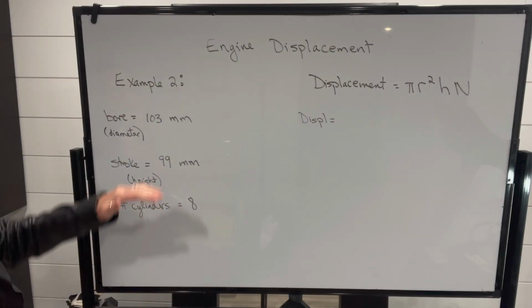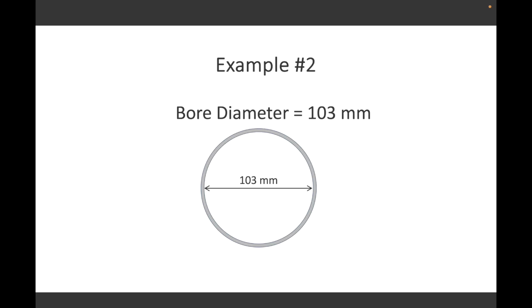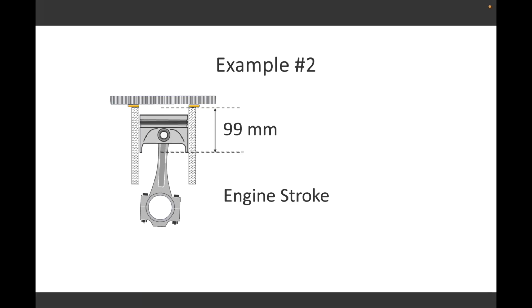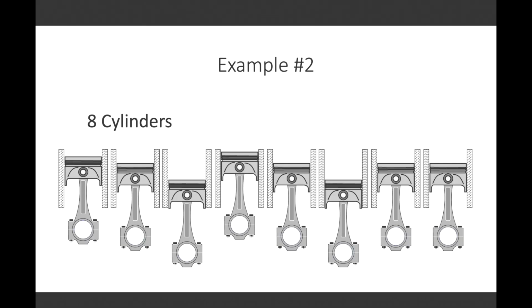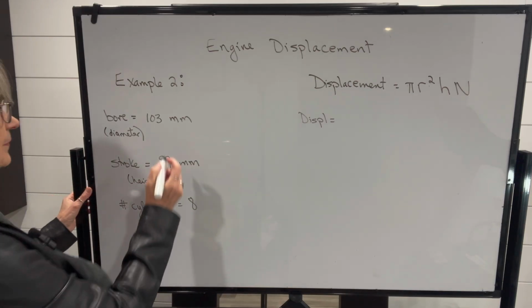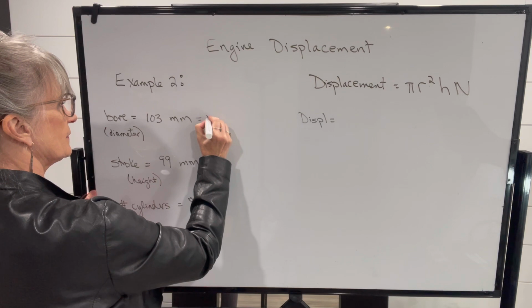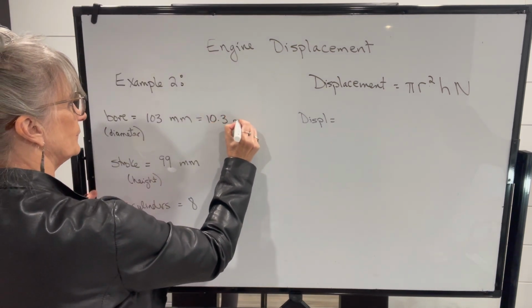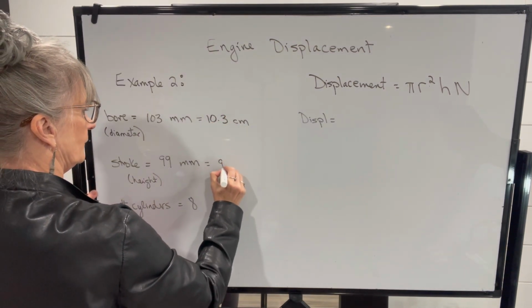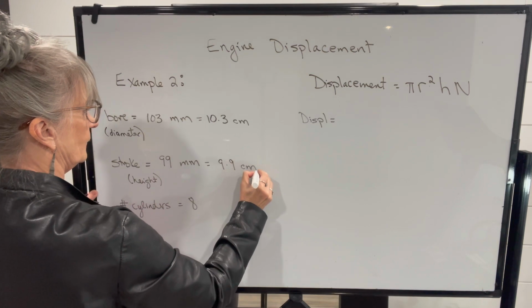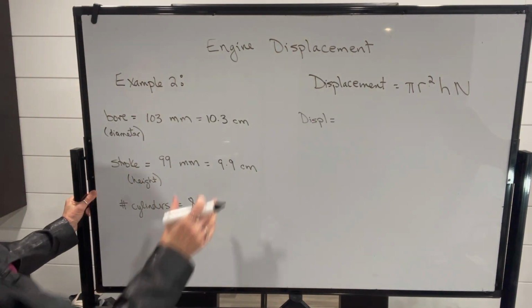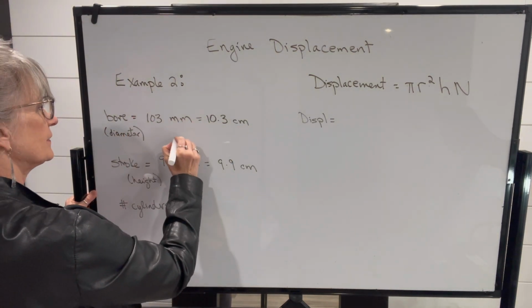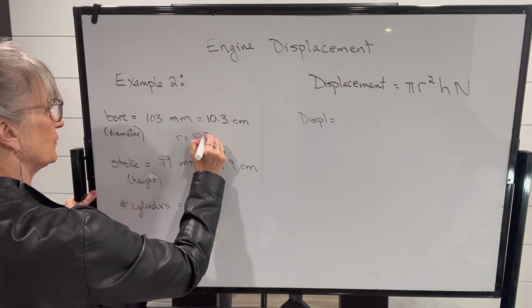In my second example, the bore is 103 millimeters, the stroke is 99 millimeters, and there are 8 cylinders. First step, let's change these to centimeters. So divide by 10. Then take the diameter or the bore and divide by 2 to get the radius.